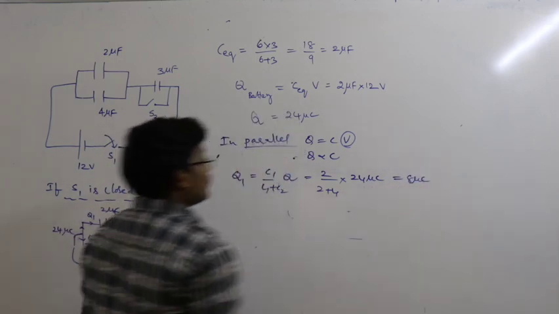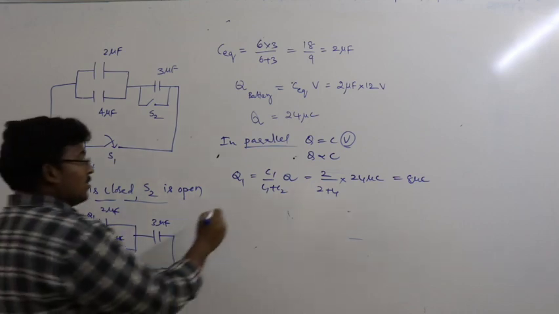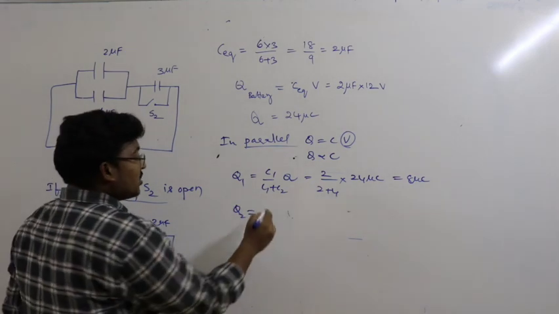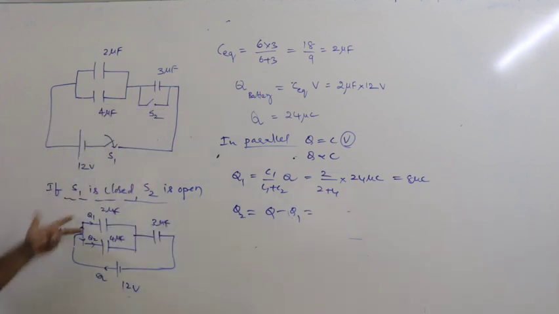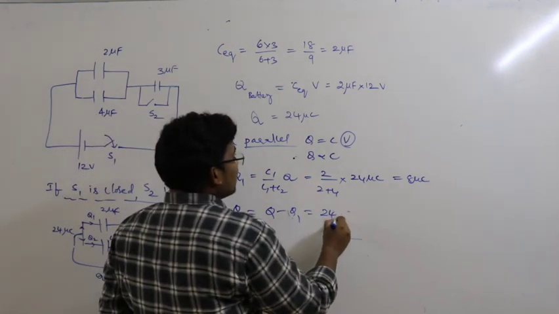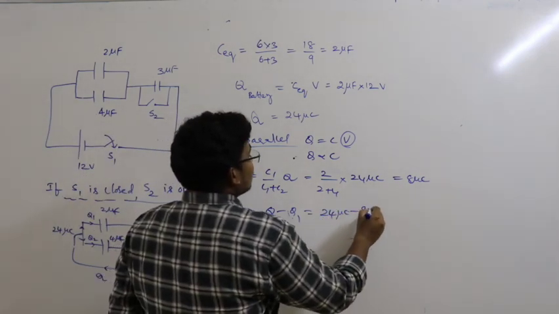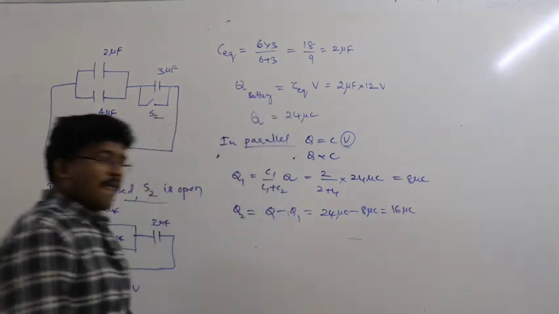It means out of 24, 8 microcoulombs is passing through the first. And what about the remaining? You know that Q2 will be Q minus Q1. So total 24 is coming, it will be splitting into 2. It is Q1, so the remaining will be this one. So Q is 24 microcoulombs minus 8 microcoulombs. You can say that it is 16 microcoulombs.